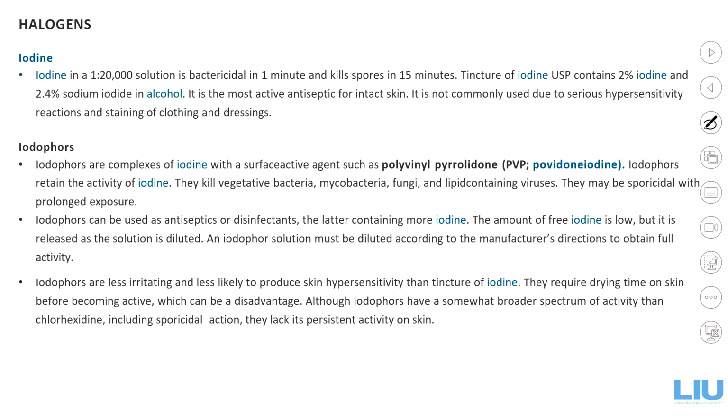Okay. There are also halogens, and I think the take-home message from halogens is that they have so many different concentrations that could be used for certain applications. There is a 1 in 20,000 solution that's bactericidal in 1 minute, and 15 minutes for the spores.